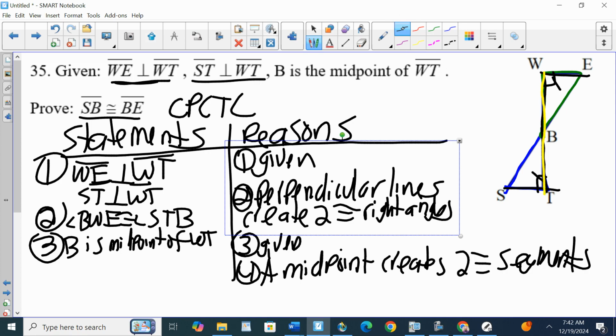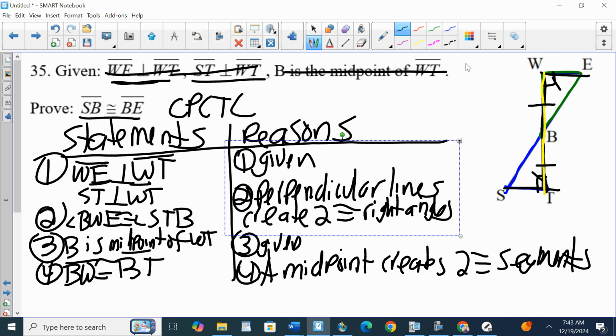My two congruent segments are the two congruent pieces of WT, that's WB and BT. All right, BW is congruent to BT. Now I have two pairs of things congruent. I'm done with that. Oh no, I'm out of givens.